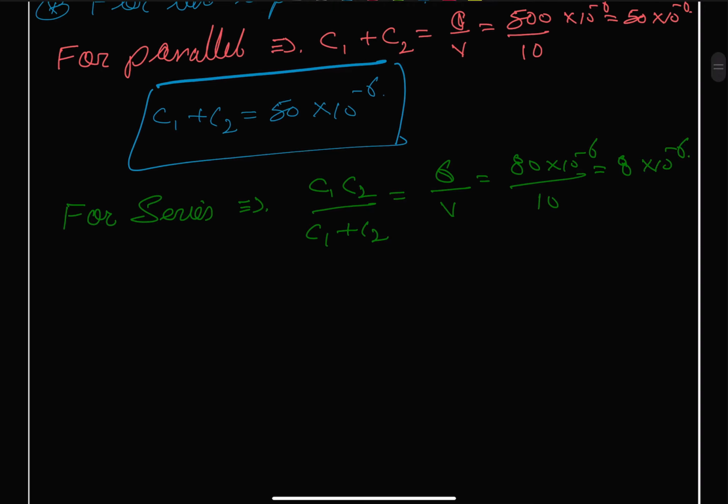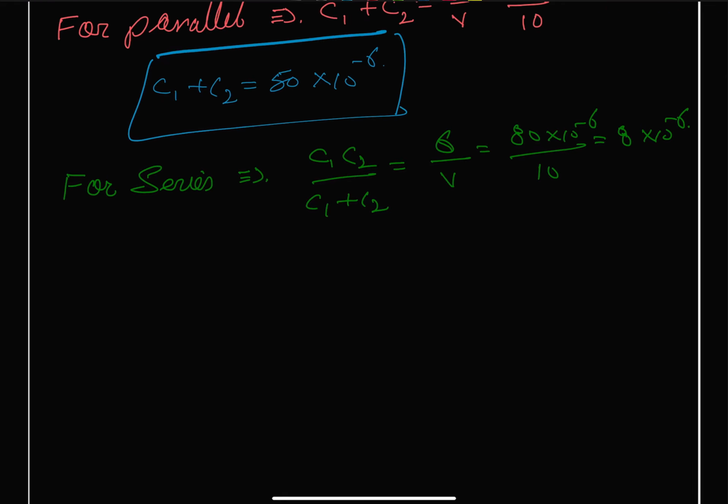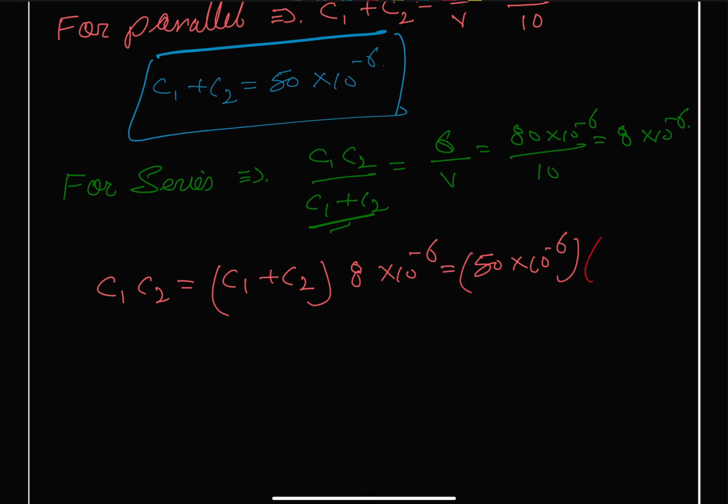And we already know our C1 plus C2, so we substitute it here. We get C1 times C2 is equal to C1 plus C2 times 8 into 10 to the power minus 6, which comes as 50 into 10 to the power minus 6 times 8 into 10 to the power minus 6.